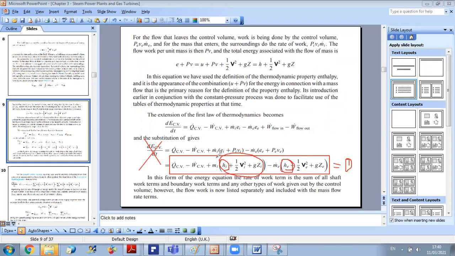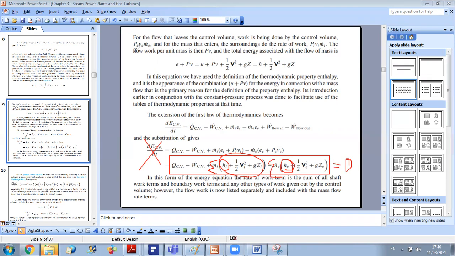Okay. If you have several inlets and several outlets, all you have to do is add the sum of m dot times this term at inlet and the sum of m dot times this term at outlet. Okay, and if one inlet, one outlet, you just have one term at inlet and one term at outlet.